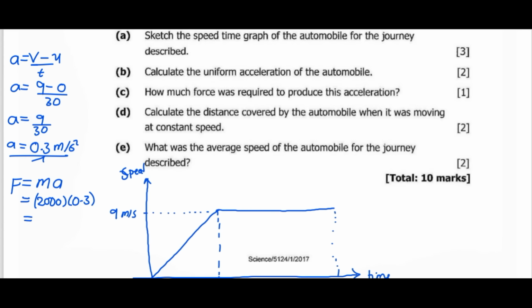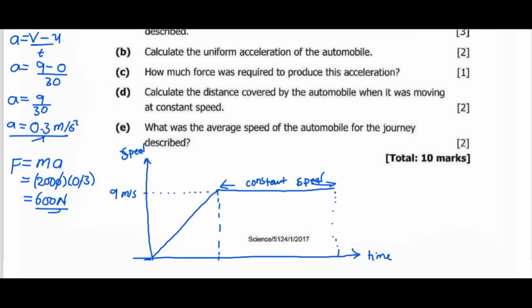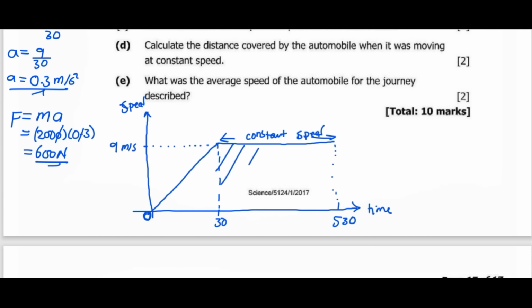We can cancel the zeros, so our answer is 600 newtons, or you can just punch it on a calculator. Then D, calculate the distance covered by the automobile when it was moving at constant speed. This point up to here is where we have constant speed, since this is a speed time graph. So we can now shade. This is the distance that we want.